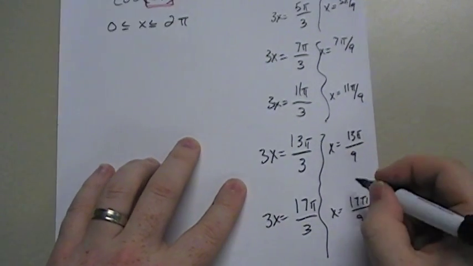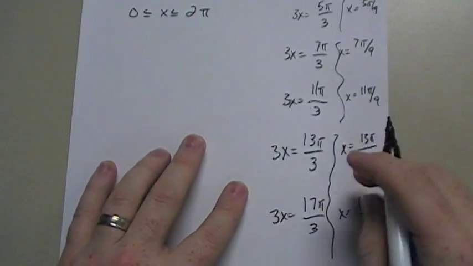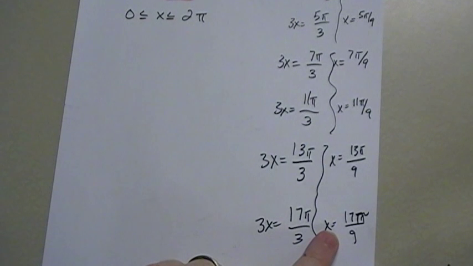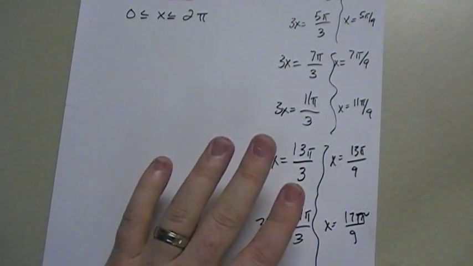By rights, we should keep going just to make sure, but 17 pi over 9 is close to 2 pi. 18 pi over 9 would be 2 pi, and I actually am done.